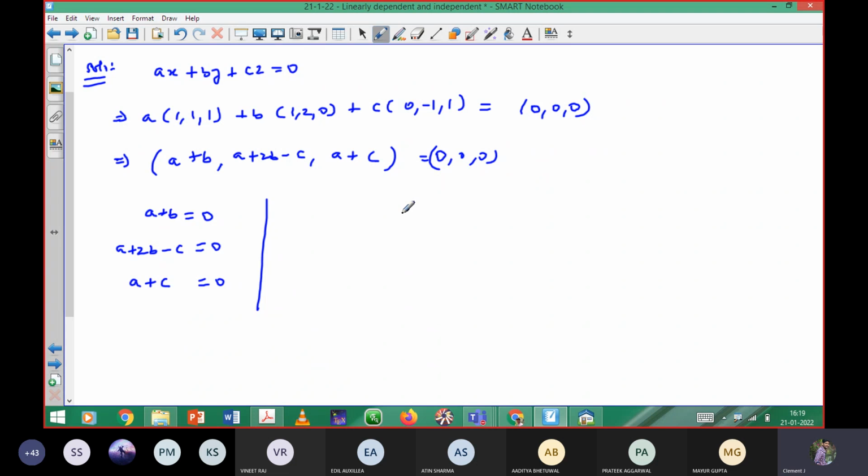Then to determine the answers of a, b, c, I have to follow either Gauss elimination or Gauss Jordan. That's your wish. It is quite easy to proceed with Gauss elimination, because in Gauss Jordan you have to further expand from the reduced row echelon form. Can you recall what the further expansion is in Gauss Jordan?